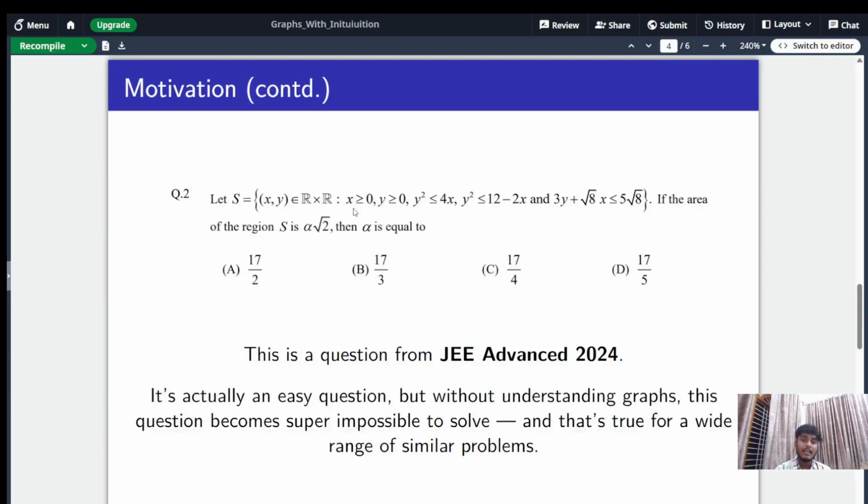But if you are the guy who skips these, you don't want to plot graphs, you hate graphs, this question will become super impossible to solve, and without computer programming you can't solve it. You have to solve this on a piece of paper in less than 2 minutes. So you have to be very thorough with plots and graphs.